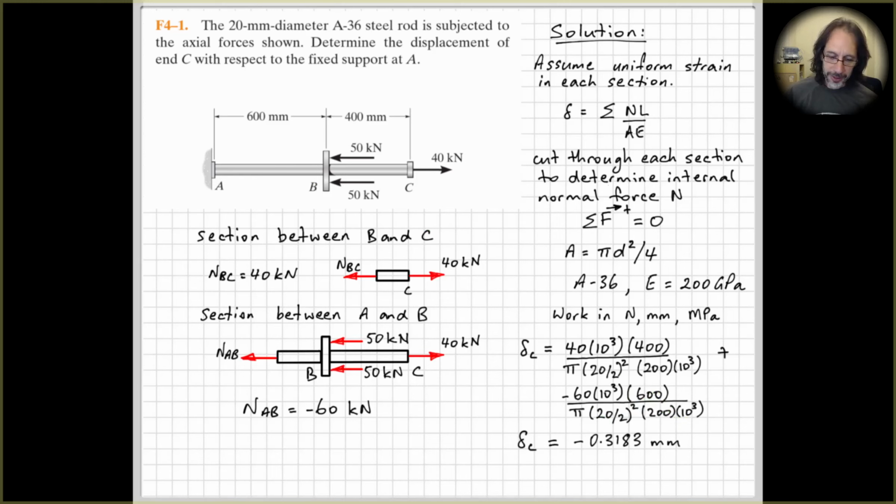Do our sums and we get minus 0.3183 millimeters. That tells us that point B moves more to the left than the stretch of BC on its own. So we can round that to 0.32 millimeters and say that point C will be moving to the left, because of the greater compression in AB than the stretch in BC.